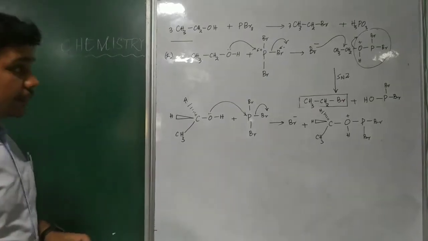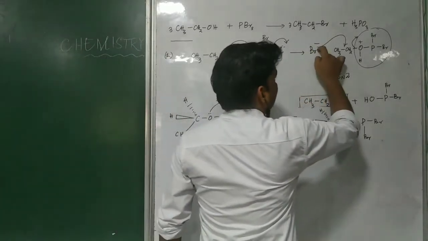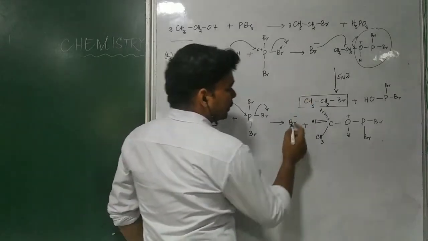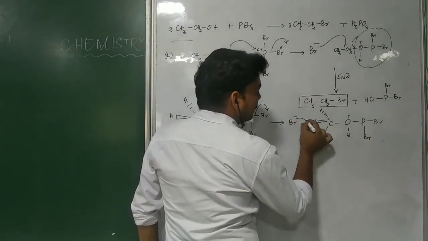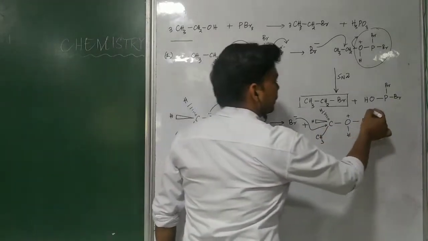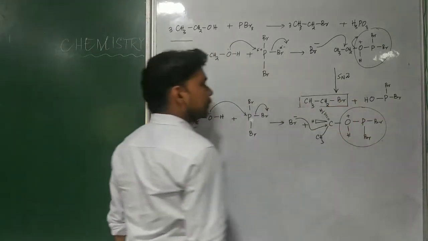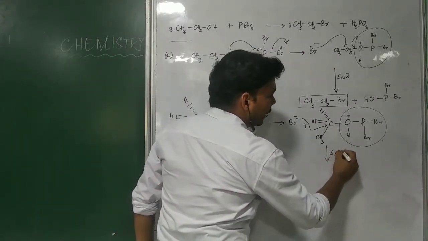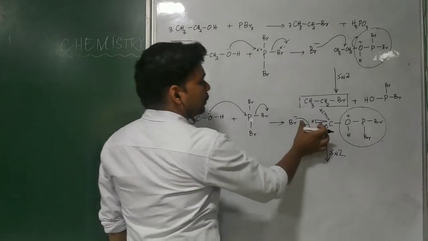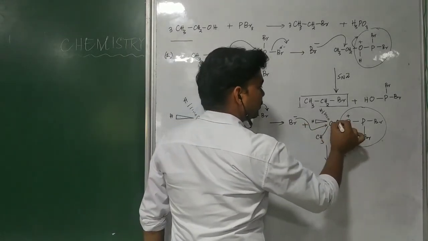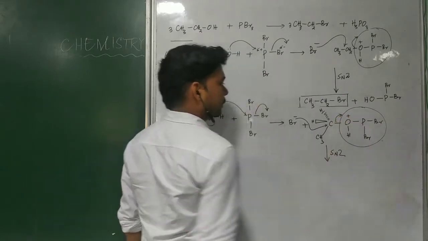In the next step, this bromide will attack the carbon center from the back side. This bromine will attack this carbon in a direction opposite to that of the leaving group. This is your leaving group. This is in accordance with the SN2 mechanism. A bond will be formed between this bromine and carbon, and this carbon-oxygen bond will be broken.